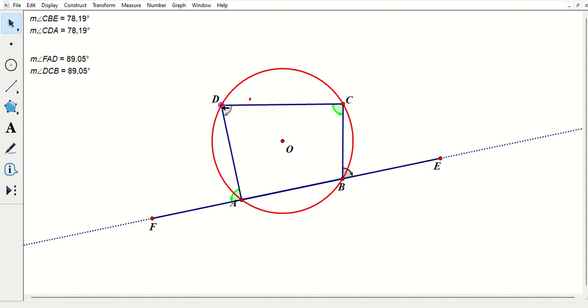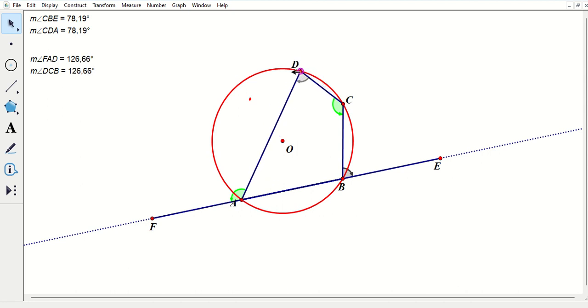So if I move the vertex D and angle A becomes smaller and smaller, then also angle C reduces in size. And if I move this vertex D and angle A becomes bigger, also angle C becomes bigger.